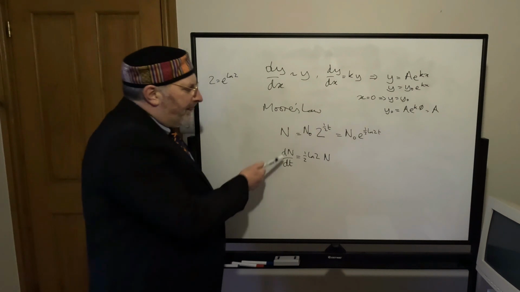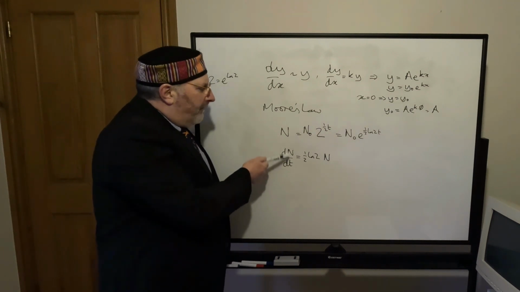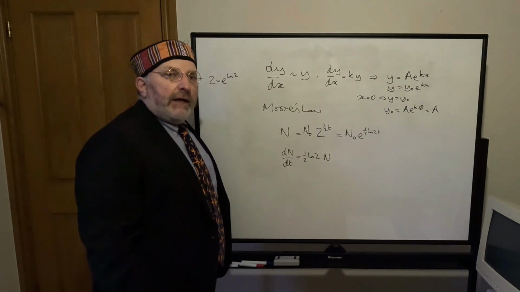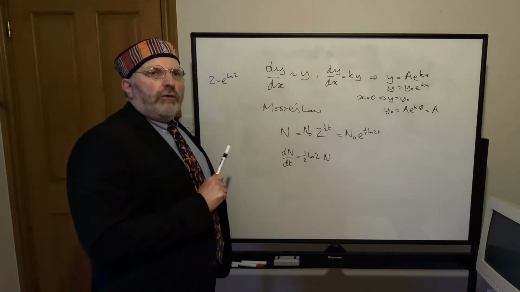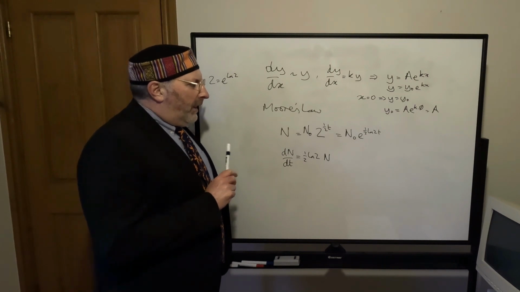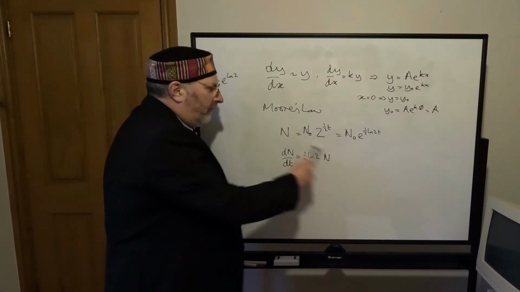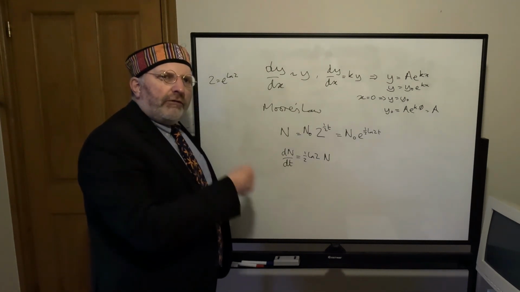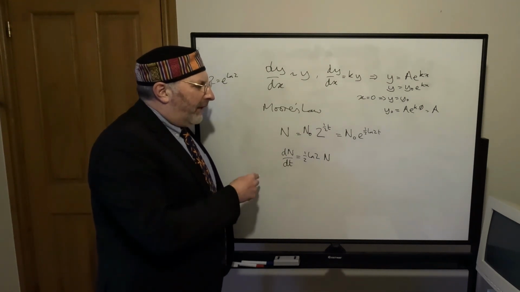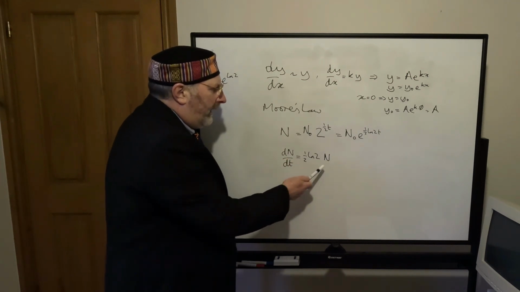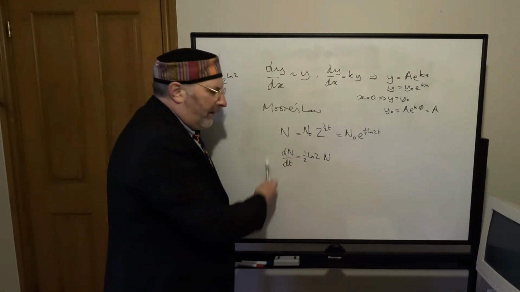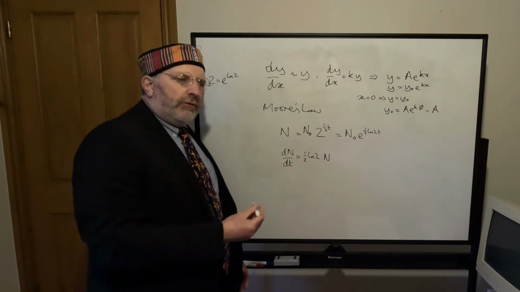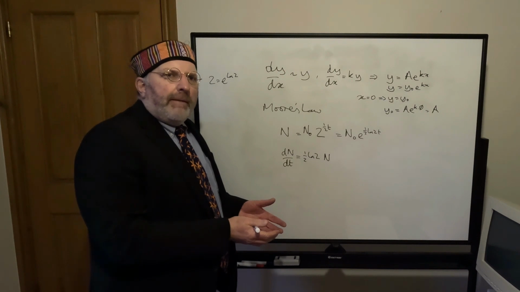It's saying that the rate of increase of transistors on a computer chip is proportional to the existing number of transistors that you can fit on a computer chip. And so we're now beginning to be able to frame Moore's law in a way that we can start to ask the question, well, why is that? Why is it that the rate of increase of packing transistors onto a chip should be proportional to the number you've already got on there?